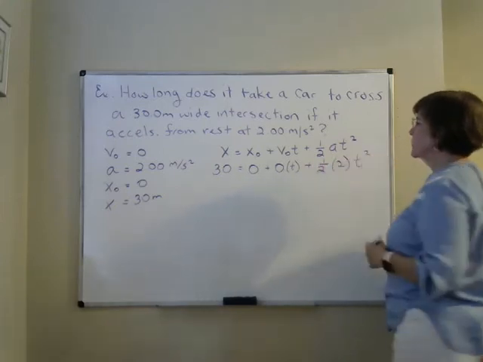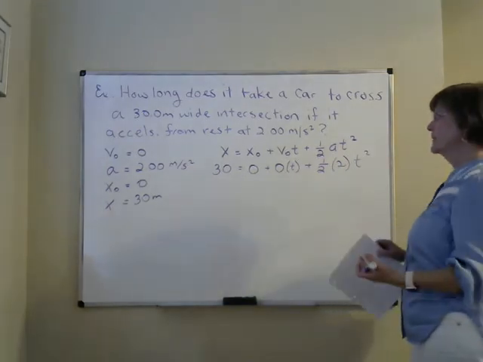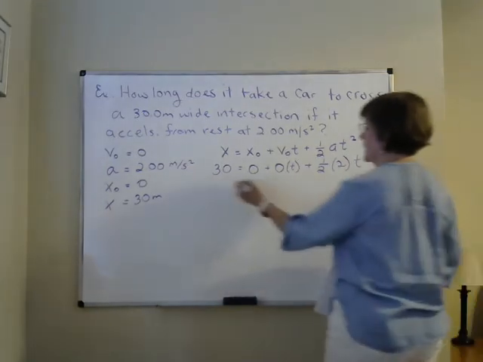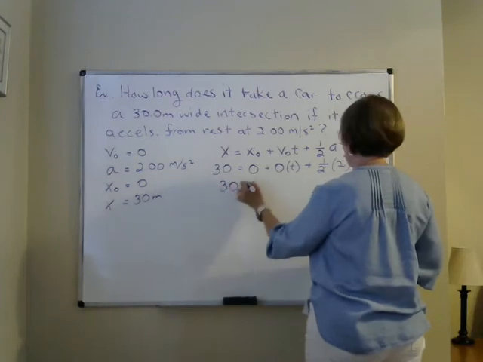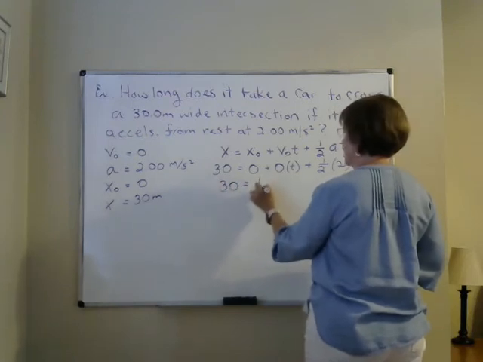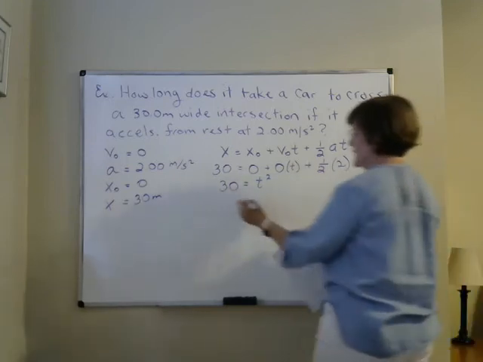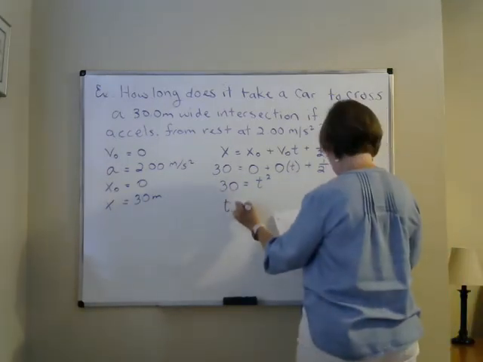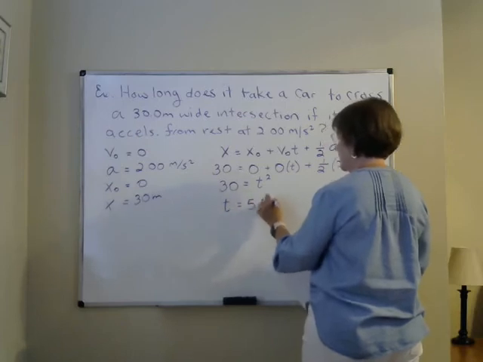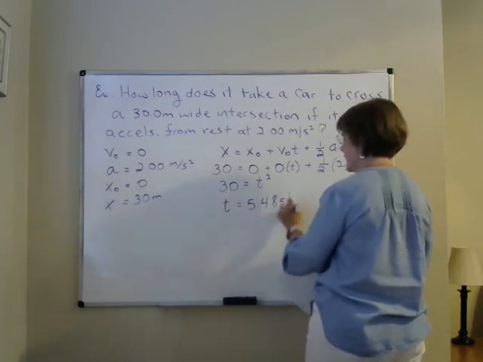This one came out really nice. It looked like we might have a difficult quadratic to solve, but we really don't. We end up with 30 equals t squared. If I take the square root then, I'm going to get the time it takes is 5.48 seconds.